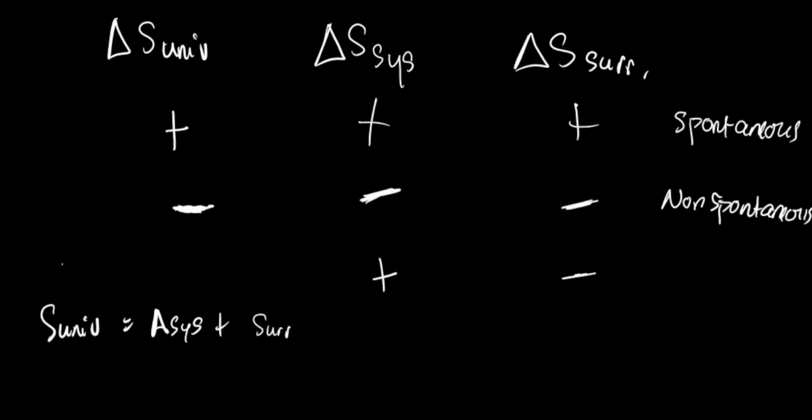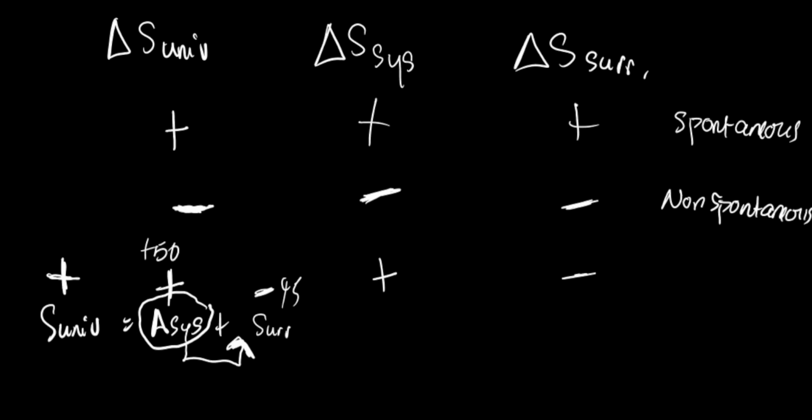If we want a positive value here, given that this is positive and this is negative, the change in entropy of the system must be much larger than the negative value in terms of magnitude. So if this is positive 50, then this should be a negative value that is lower in magnitude than 50, so perhaps negative 45.